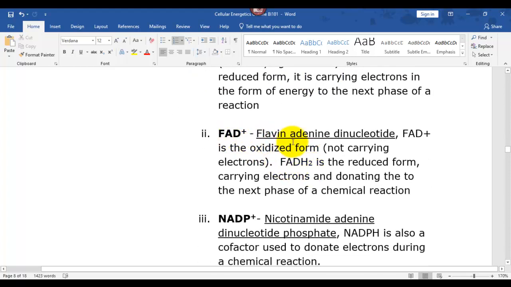This is flavin adenine dinucleotide, FAD+. Once again, this is the oxidized form. It's not carrying electrons. FADH2, that's dehydrogenase as well, is the reduced form. So this is another carrier molecule that's going to be loaded up during the process along with ATP forming to keep the whole thing going.